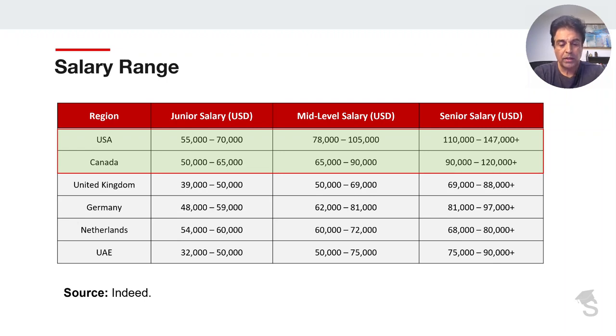Now also one more thing, your salary package will also depend on the other factors like location. That means if you are living in a city that has a higher cost of living, you can expect a bit more pay package than if you are living in a city that has low cost of living.